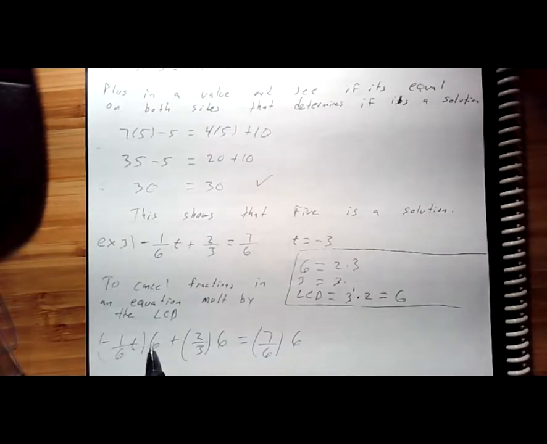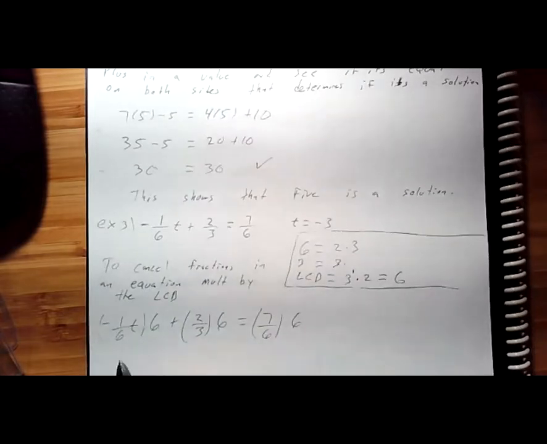So at this point, you can just go ahead and multiply across, but don't actually multiply, or you can see that they're going to cancel here, right? So let me show the work like we did last time. 1 times 6 will give us a 6t over 6, so these will cancel, plus 2 times 6 over 3.